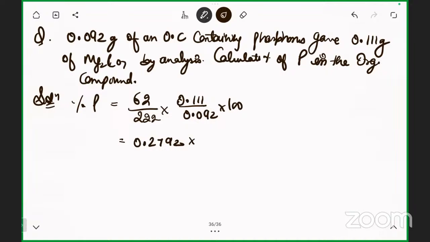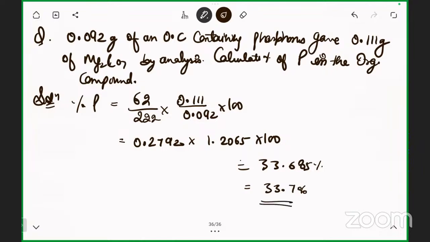Into 0.111 divided by 0.092, that will be around 1.2065, into 100. So that is 0.2792 into 1.2065 into 100. It is around 33.68%. So you can write 33.7% around. Yes, sir. It is 33.